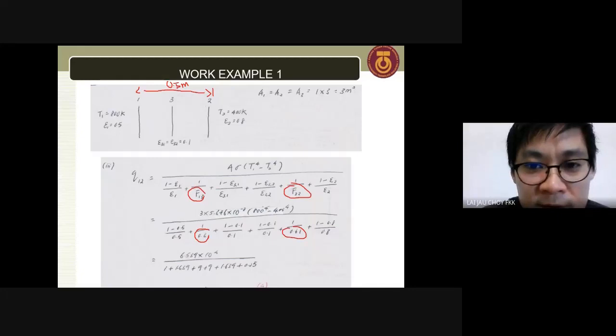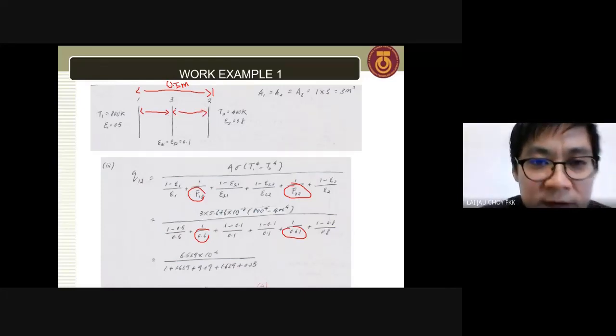Guys, the correct solution should be like this, because after adding shield number 3, the view factor actually changed already. Do you realize that? Because your assumption is plate number 3 is exactly in between 1 and 2, so the distance between 1 and 3 is 0.25 meter, and the same goes for this one.